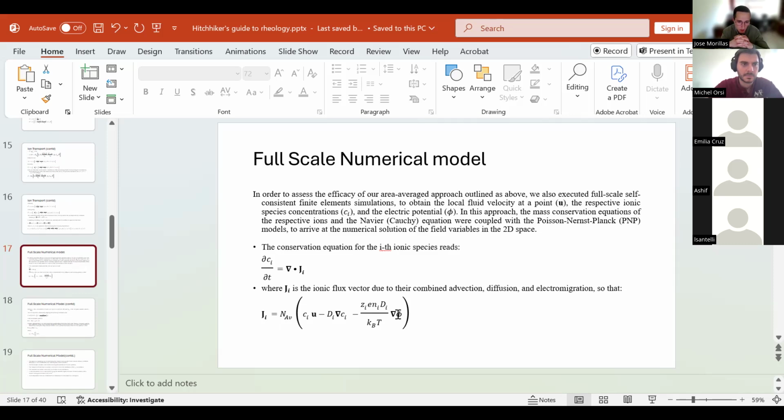Those terms return a new J_i, the ionic flux. J_i has velocity and potential here. This is the laminar flow velocity, this is the advection, and this is the electromigration, which has potential. These two terms affect J_i, and J_i impacts the concentration.